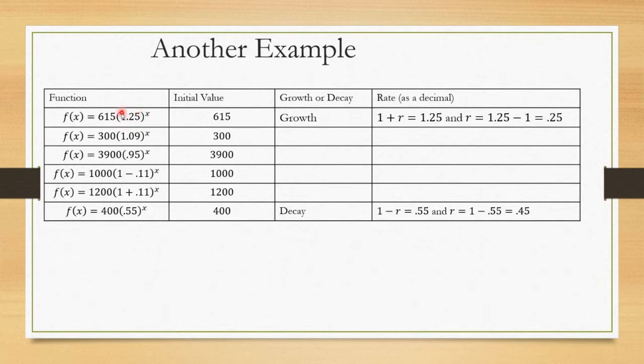And by what rate is it growing? When they ask for rate, you want to get that r. And just like on the previous slide, since this is greater than 1, we must have 1 plus r equal to 1.25.